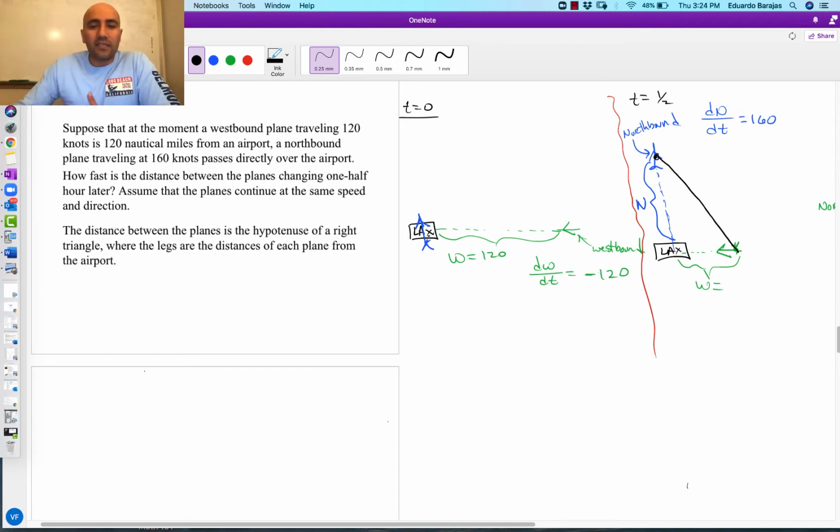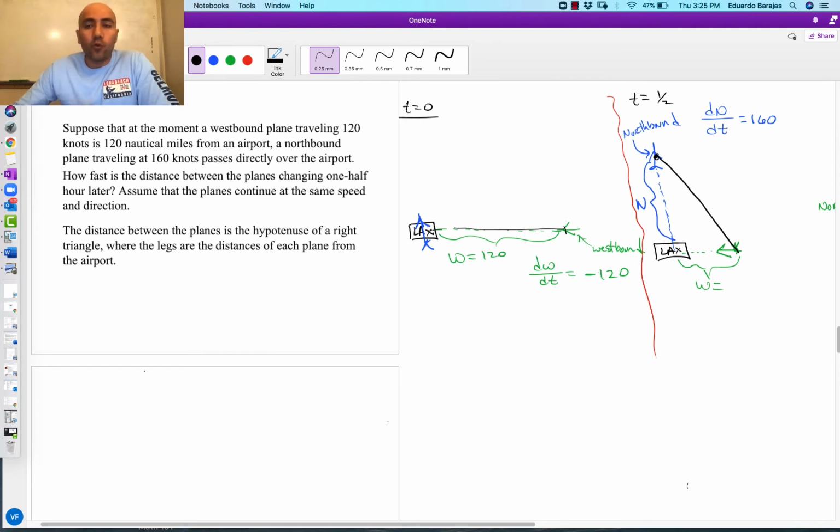Over here, it was kind of silly because the distance between the airplanes at this point would have been exactly the same as the distance between the westbound plane and the airport, which would have been 120 miles. But as we move forward, that's not going to be a constant.